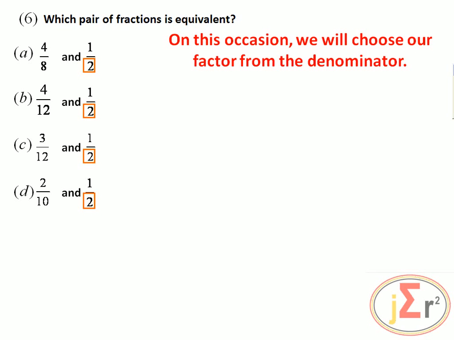8. If we are transferring 2, not 1, 2, if we are transferring 2 to 8, what number do we multiply by? 4. And if we are transferring 2 to 12, what number do we multiply by?